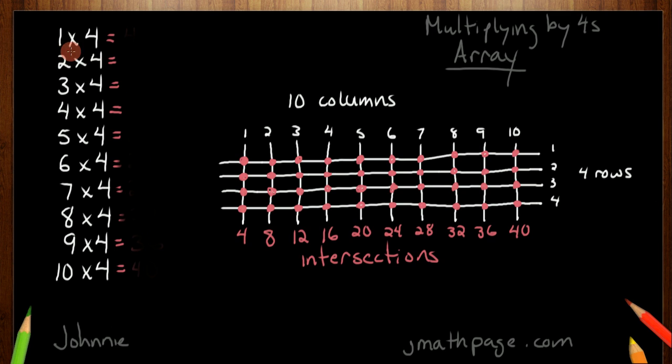So let's start. 1 times 4 equals, 2 times 4 equals, 3 times 4 equals, 4 times 4 equals, 5 times 4 equals, 6 times 4 equals, 7 times 4 equals, 8 times 4 equals, 9 times 4 equals, and 10 times 4 equals.